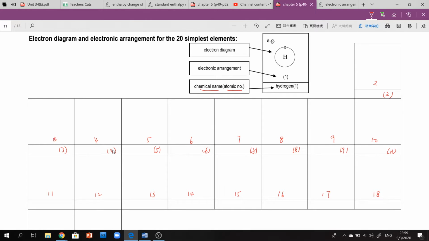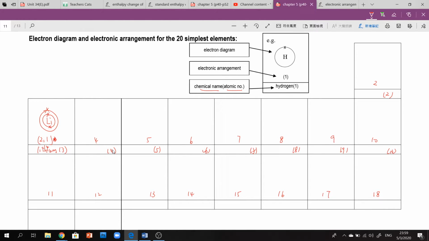So this is 3, which means what? It is 2, 1. Okay, can you get my point? So what is the electronic arrangement for that? This is lithium. First shell, 2, second shell, 1. That's it. And this is lithium.